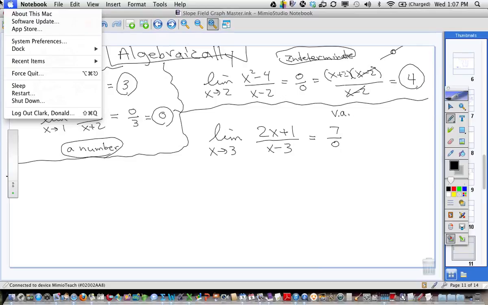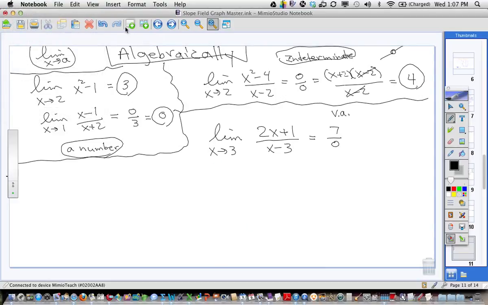Gets bigger. So as x gets closer to 3, the bottom gets closer and closer to 0, so the bottom gets really small, and if you take a non-zero top number and divide by a really small bottom number, the fraction itself gets bigger towards infinity. That's why a number over 0 is a vertical asymptote situation. Okay? Because that involves infinity.